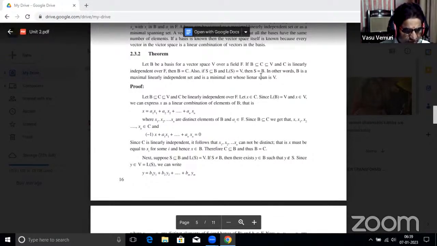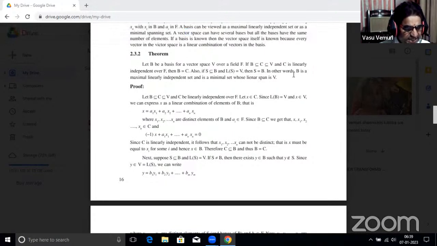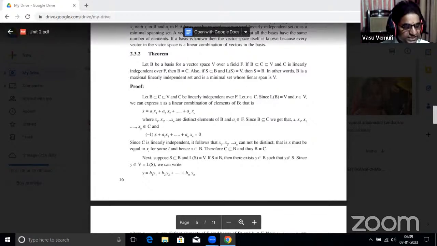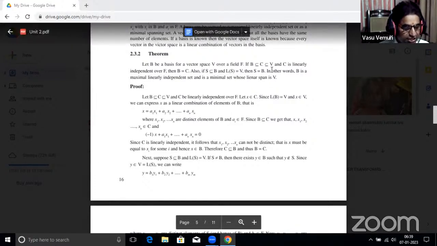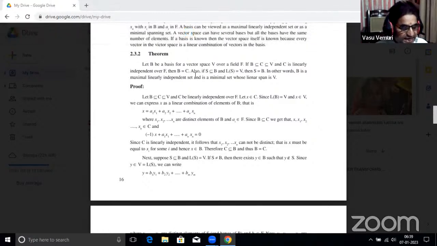One is this, and the second is that B is a maximal linearly independent set and a minimal set whose linear span is V. At the same time this question is also given: prove that B ⊆ C ⊆ V, and C is linearly independent over F. Now we must prove that B equals C.